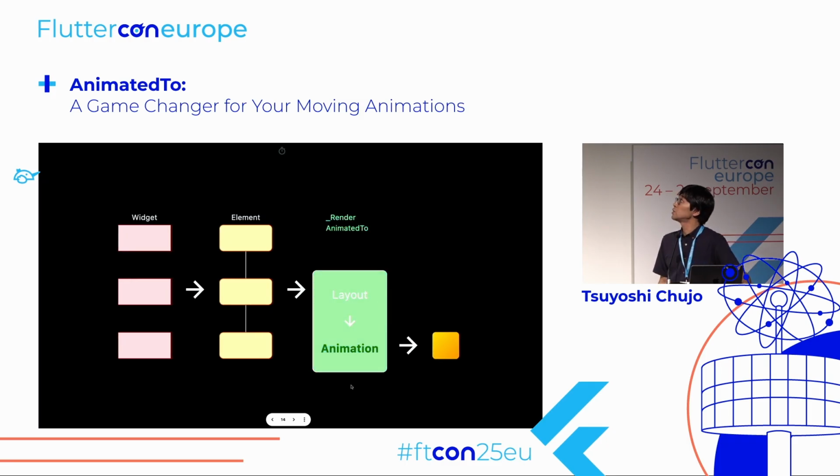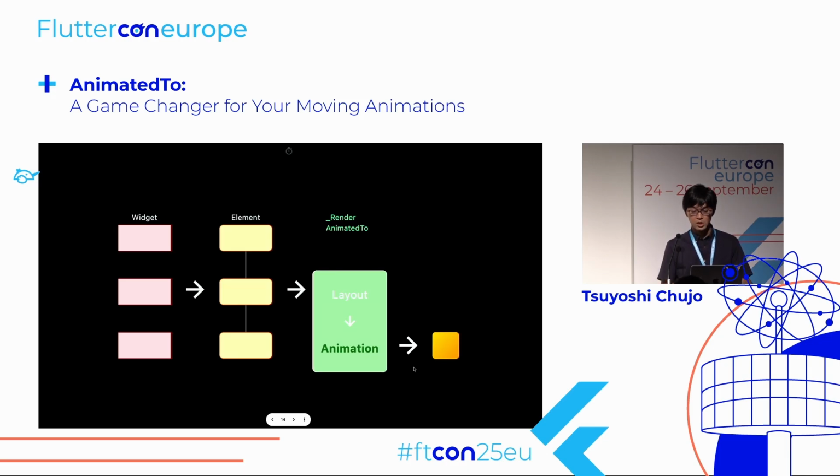AnimatedTo produces a customized render object so that it starts the animation after the layout calculation is done. It cancels the default behavior of the paint method and, instead of that, starts the animation from the previous position to the new position. So it doesn't have the problem of blinking.